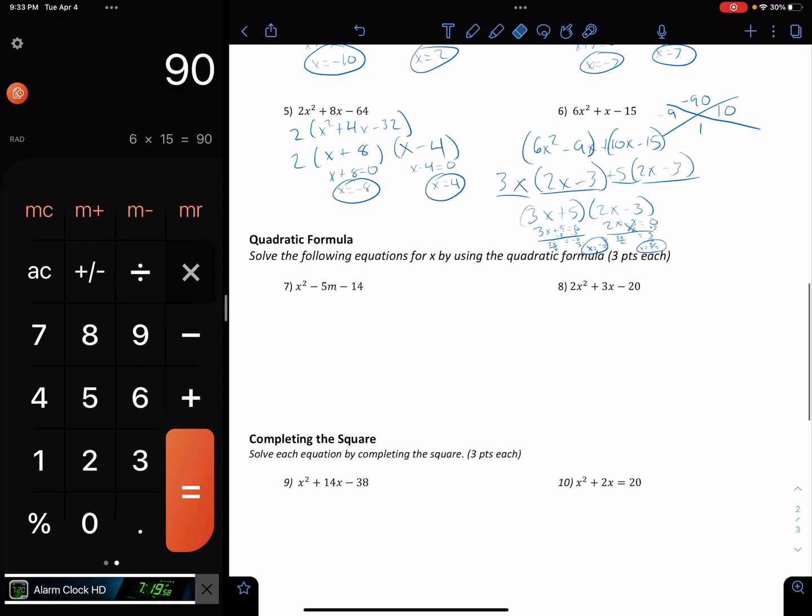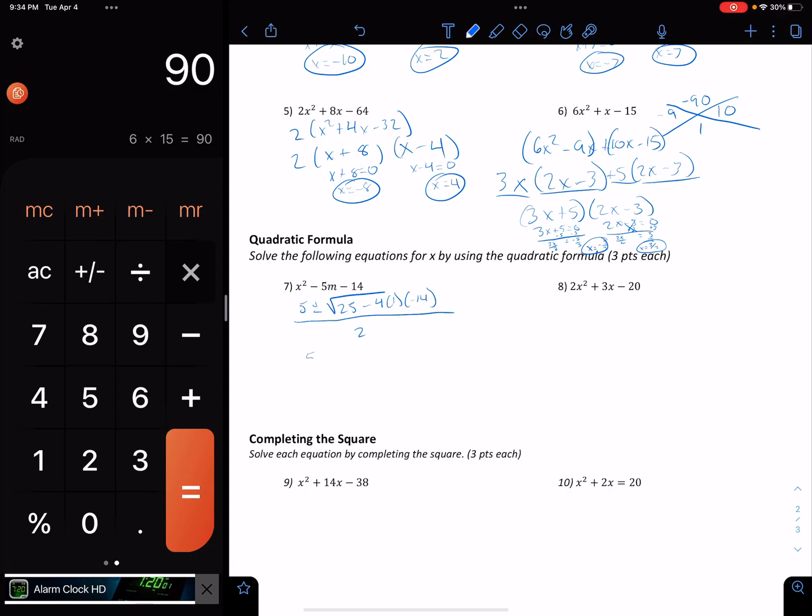So we do negative b. So negative 5 is 5 plus or minus the square root of b squared, so 25, minus 4ac, all over 2a.